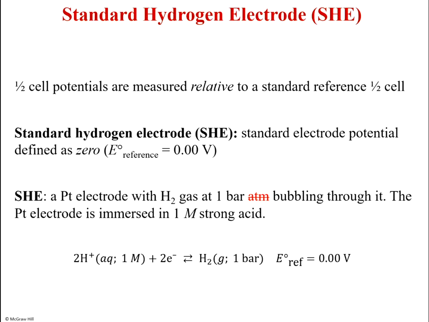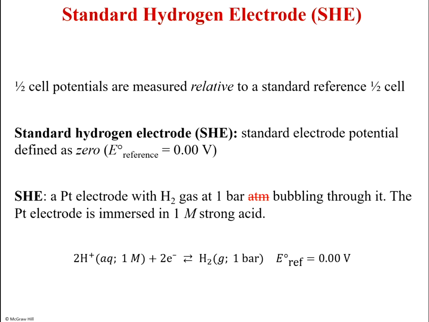All half cell potentials are measured relative to the standard hydrogen electrode, and we give it a voltage of 0 as our starting place.